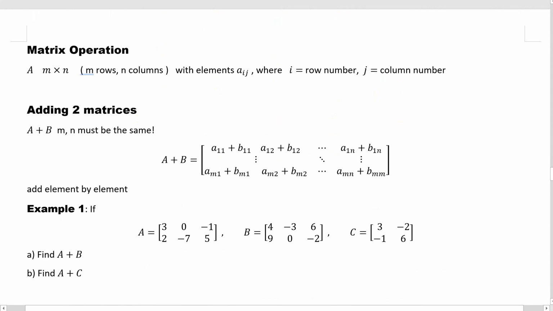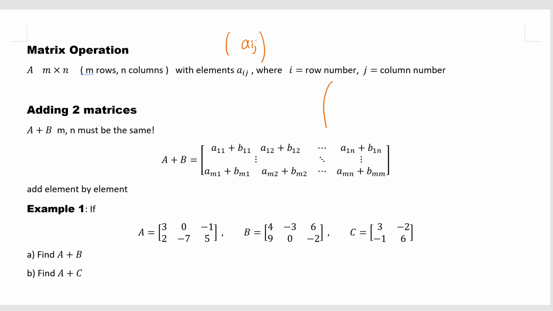Okay, next, let's talk about matrix operations. An m by n matrix A with entries a_ij, where i is the row number and j is the column number.